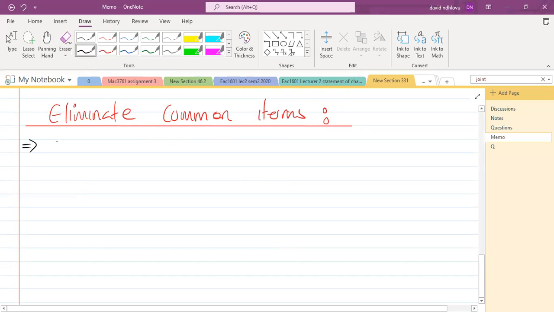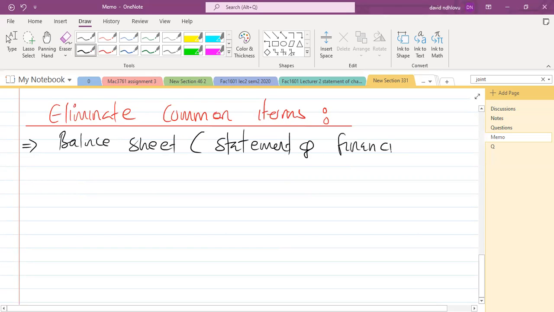When we talk about common items, these are balance sheet items, which means you find these in the statement of financial position. In the statement of financial position, broadly speaking, we deal with assets, liabilities, and equity.